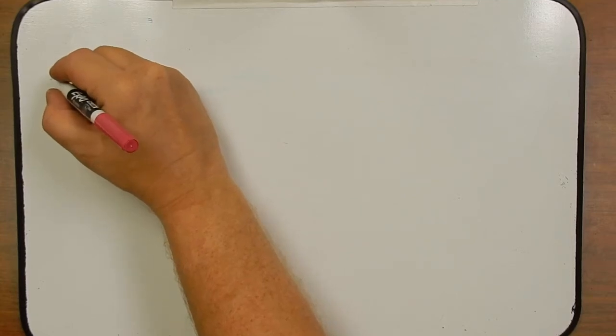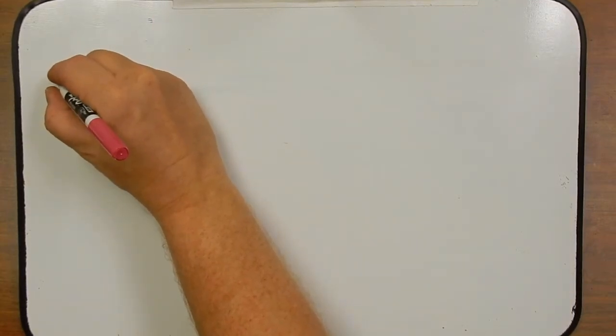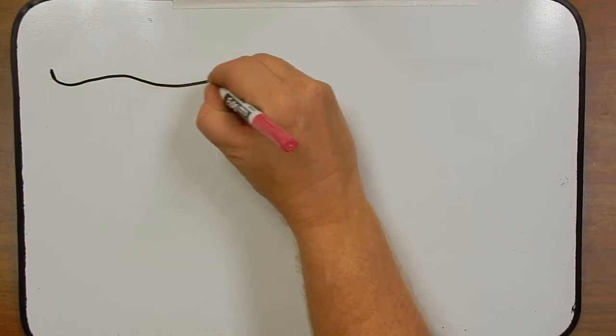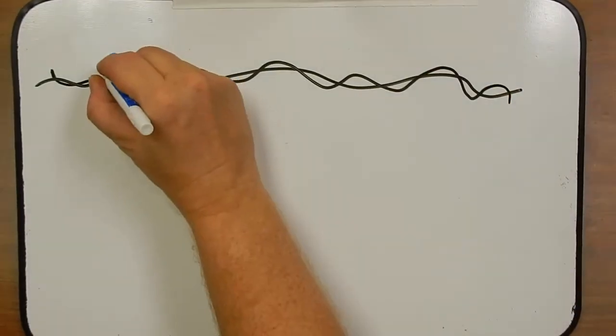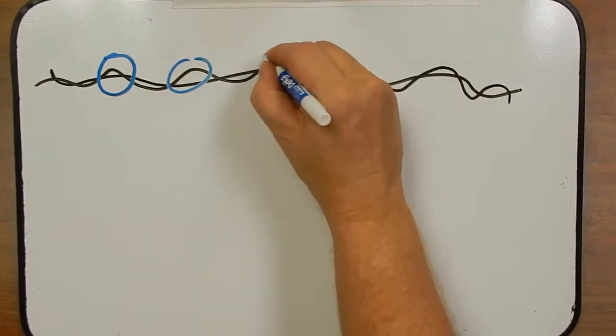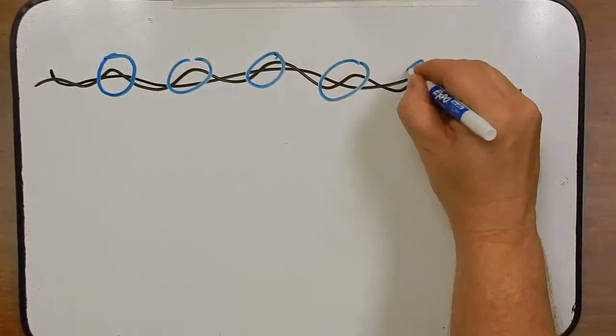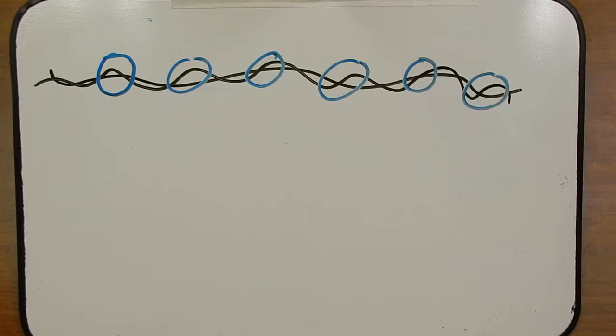So on the previous slide we talked about the different molecules that can be attached to the histones to modify them. We're going to spend some time talking about each of those modifications, but before we do, I want to draw a piece of DNA here, like we often do. I'm going to draw a histone protein on it, just like this. And as you know, they're evenly spaced along the DNA. Like most proteins, they're fairly globular.